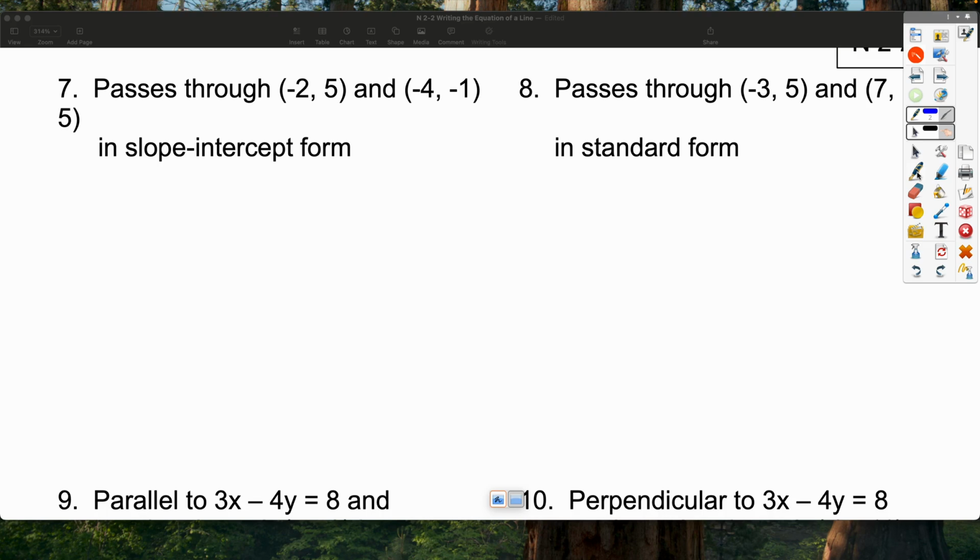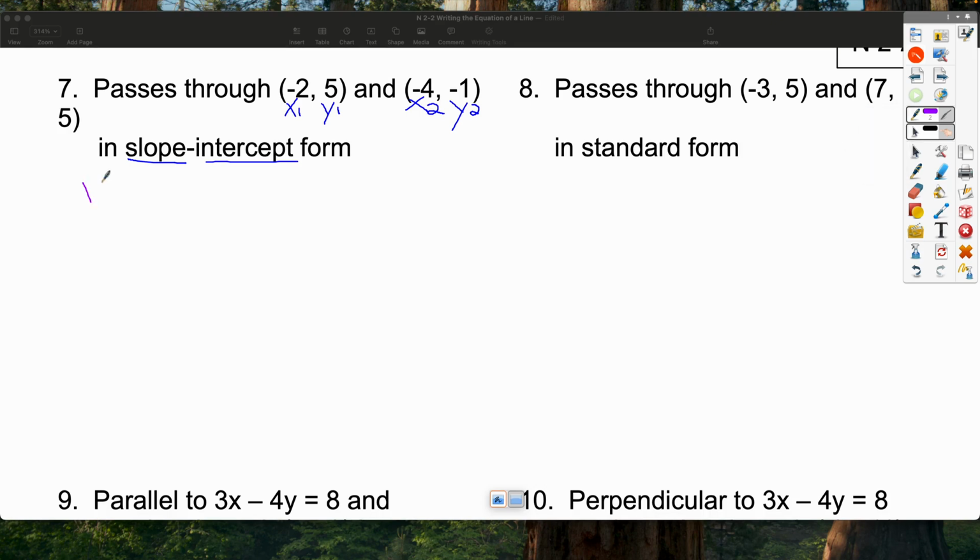Okay, I have 1 point right here, x1, y1, and my second point, x2, y2. We're solving for slope-intercept form. So what do I need in order to write it in slope-intercept form? It's not a trick question. y equals mx plus b.